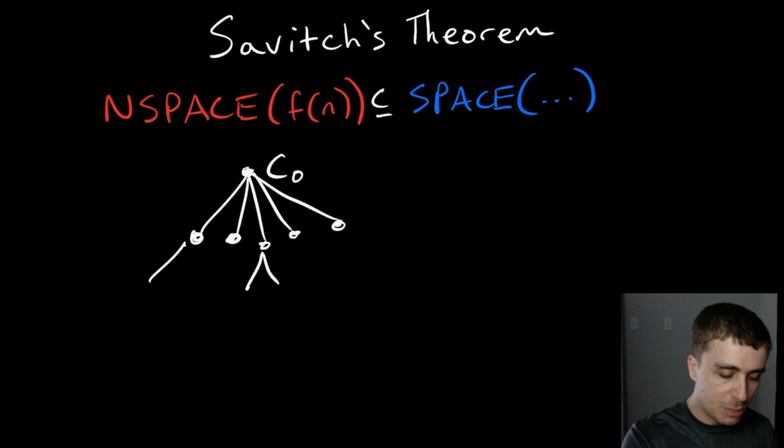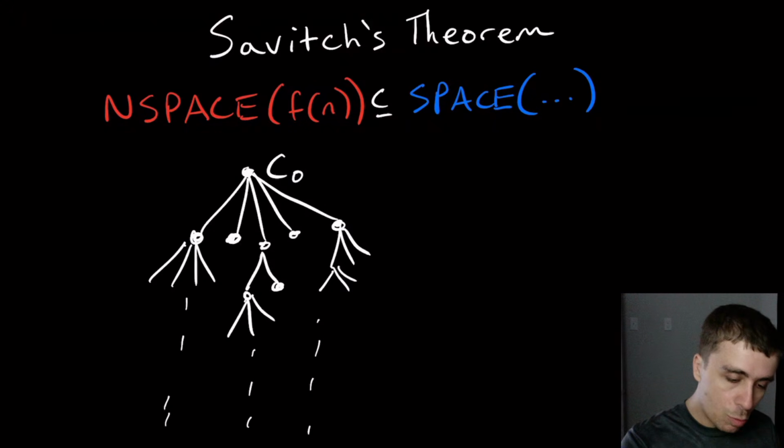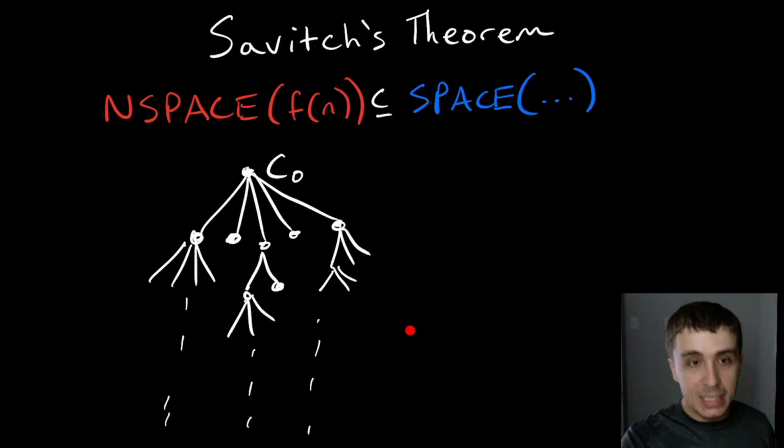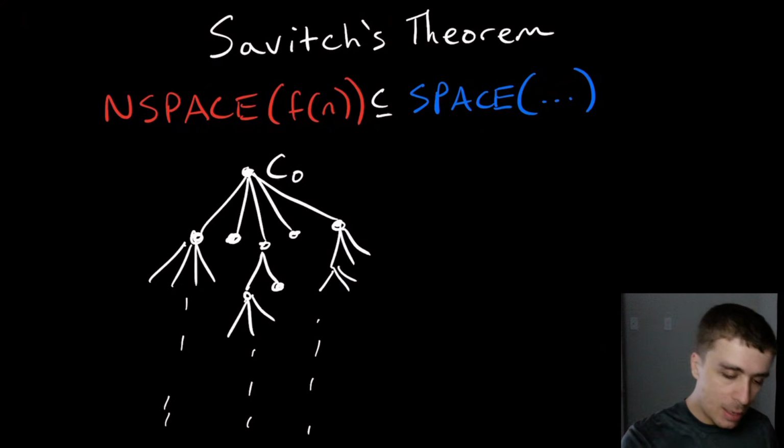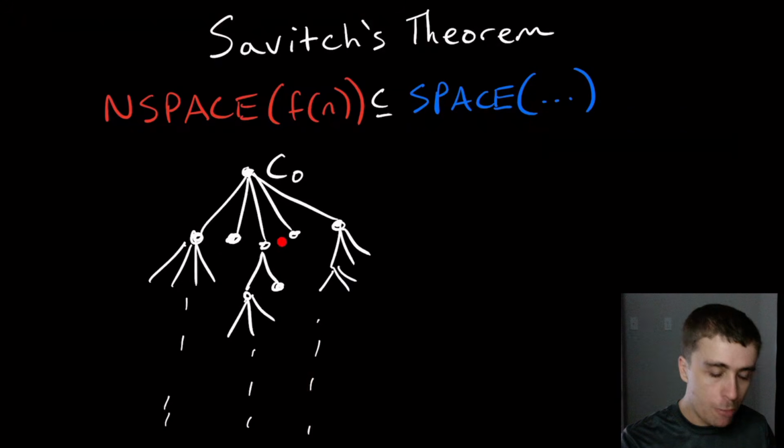Maybe this one has 4, maybe this one has 3, and each of these has its own possibilities, etc. So we have a tree that looks like this. What is the height of this tree? How long could this tree possibly go on for?